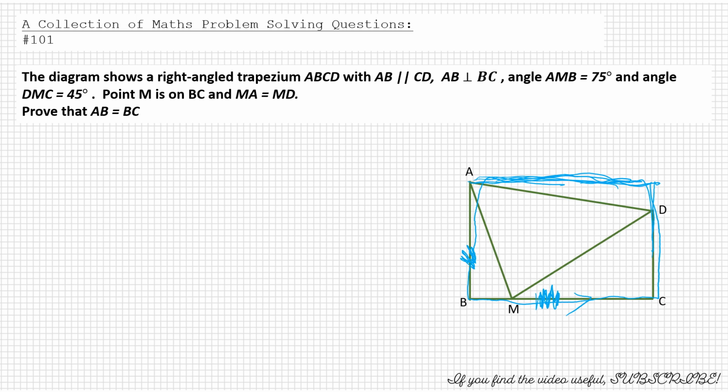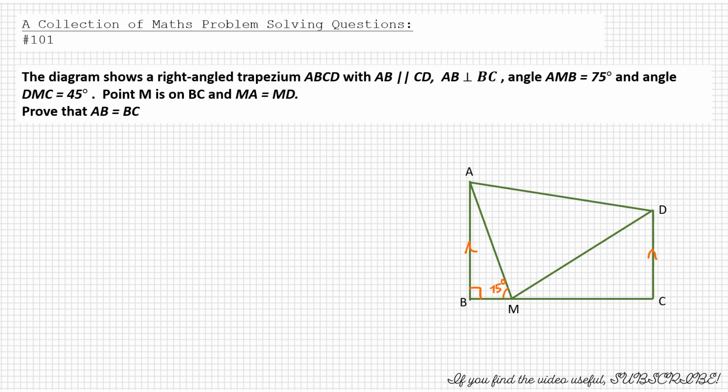As a start, what I did was put down the facts that have been given in the question. AB is parallel to CD, so I put the notations showing that. AB is perpendicular to BC, meaning angle ABC is 90 degrees.